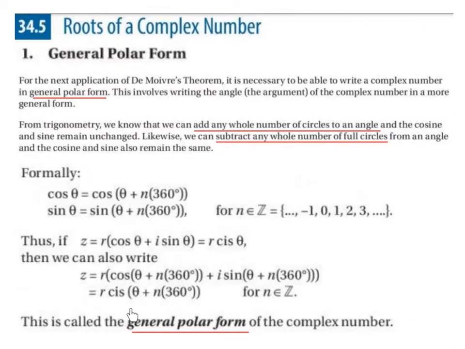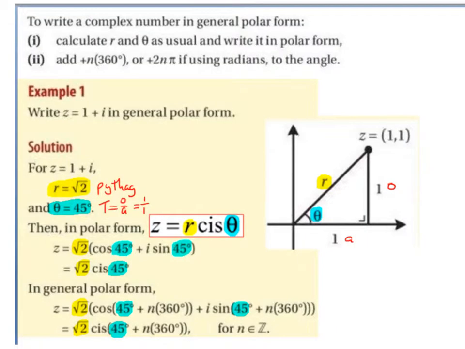This is called the general polar form of the complex number. So, to write a complex number in general polar form, step 1, calculate r and theta as usual and write it in polar form. Step 2, add n times 360 degrees, or 2n pi if using radians, to the angle. So, write z equals 1 plus i in general polar form.